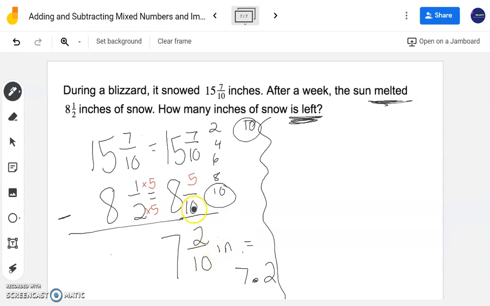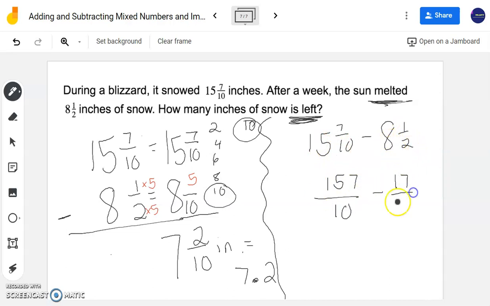But as always, you can also do this as an improper fraction as well. But notice it's going to be a little bit larger. So if I have 15 7/10 minus 8 1/2, okay, the first thing, let's convert this to an improper fraction. So you get 10 times 15 is 150 plus 7 is 157/10 minus 16 plus 1 is 17/2. 157/10, you can leave the same.